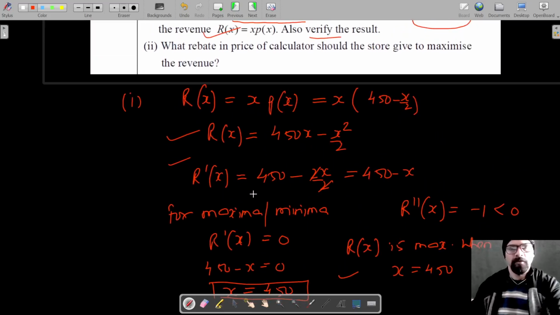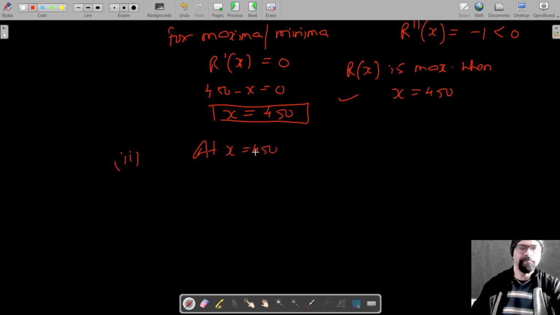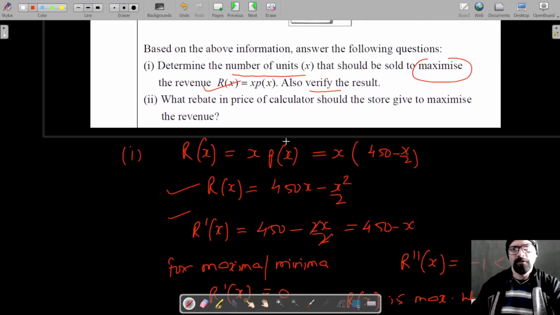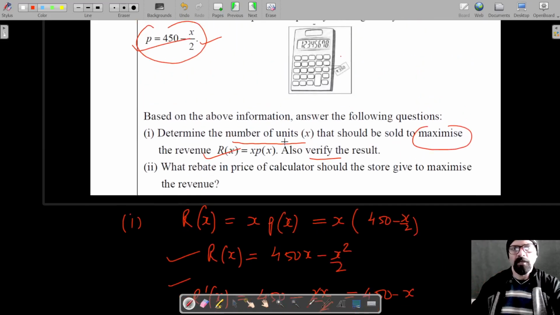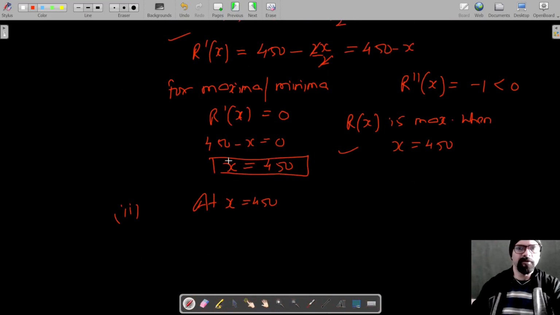And for the second part, we have to find the rebate in price of the calculator that the store should give to maximize the revenue. The revenue is maximum when the number of calculators sold is 450. Let's find the price when x is 450.